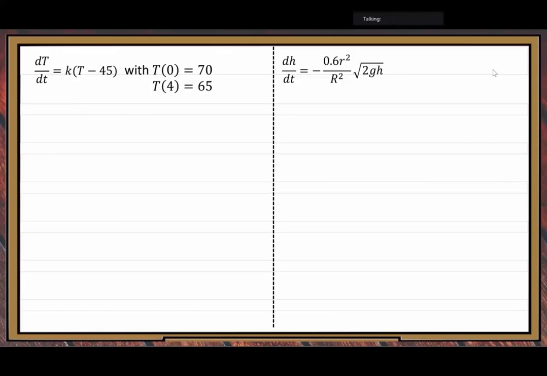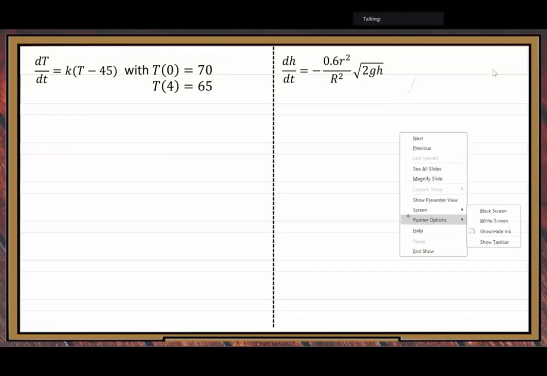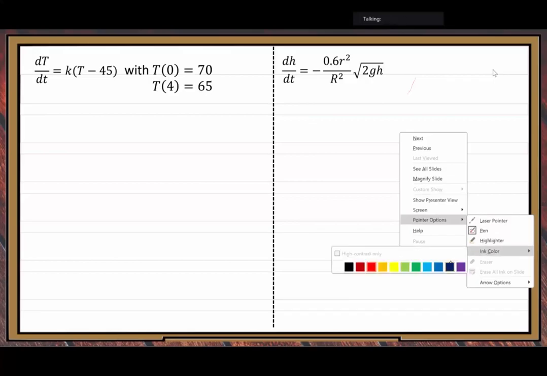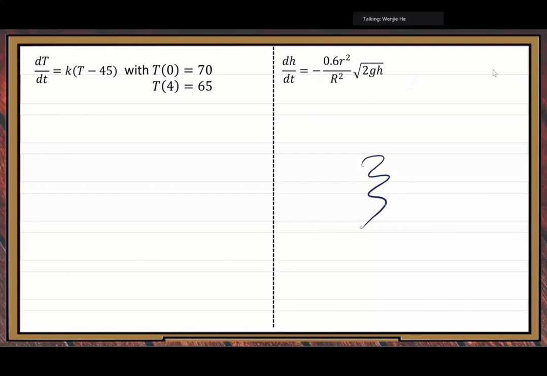It's a separable equation, so let's solve this one.